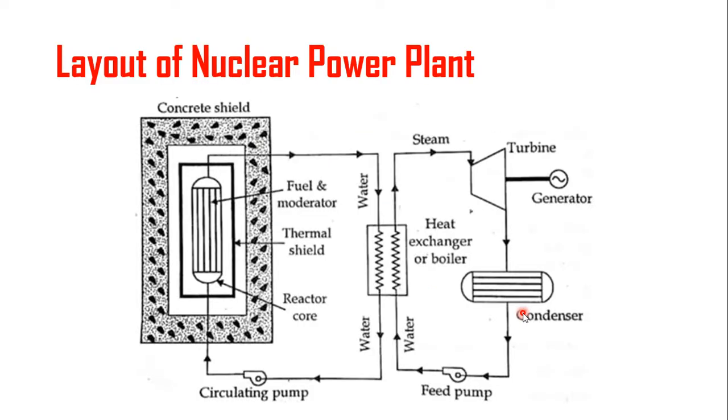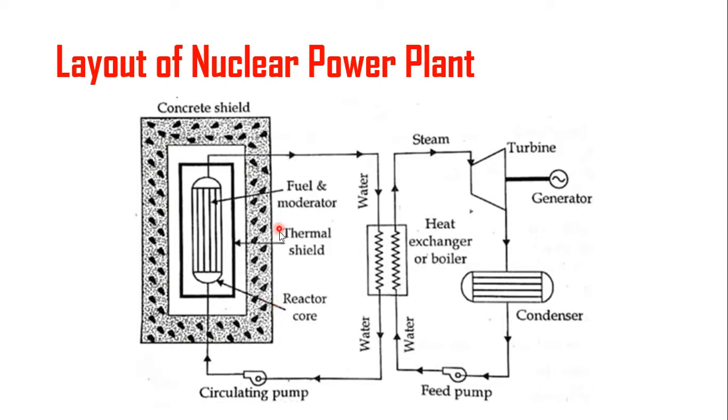This is the layout of a nuclear power plant. In a nuclear power plant, heat energy is generated by a nuclear reaction called nuclear fission. Here the nuclear fission of heavy elements such as uranium or thorium is carried out in a special apparatus called a nuclear reactor.